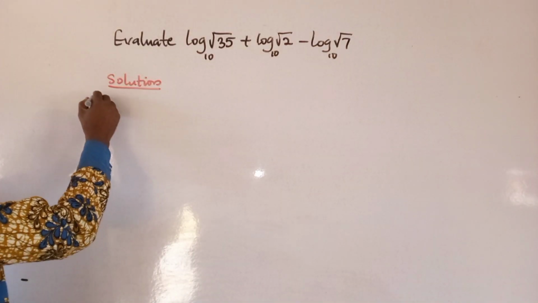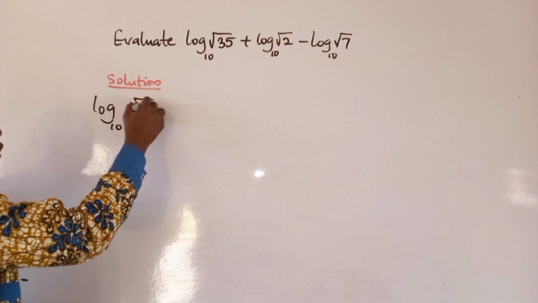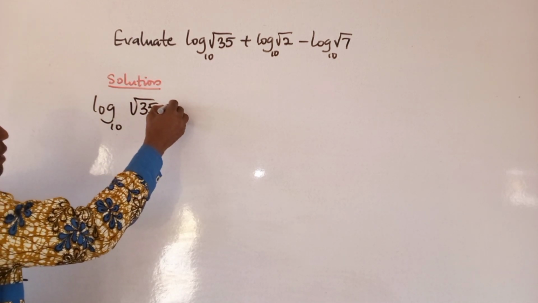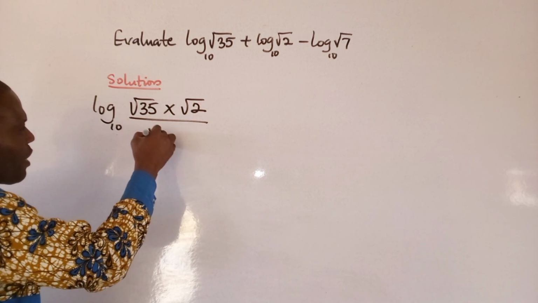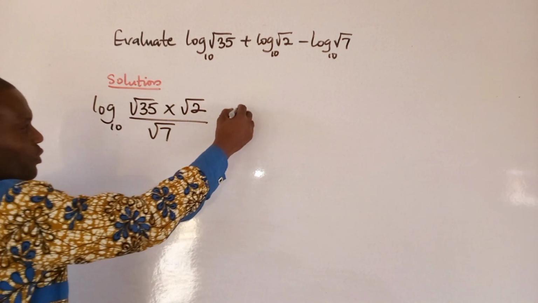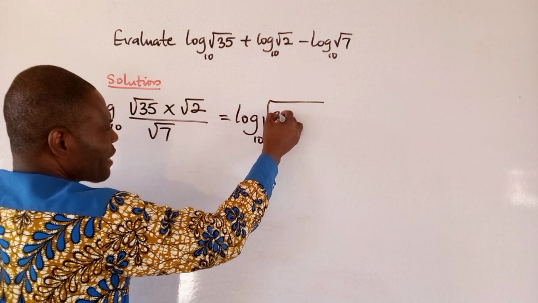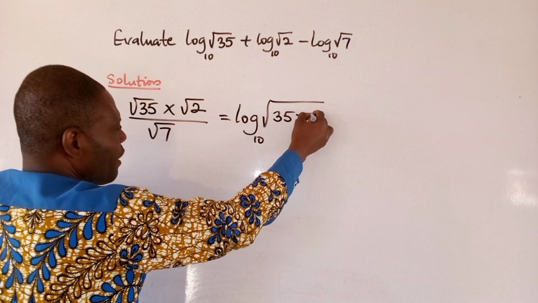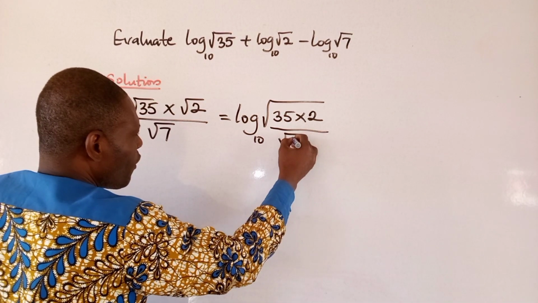So here the interpretation of this is log base 10 of square root of 35 times square root of 2 divided by the square root of 7, and this is equivalent to log base 10 of square root of 35 times 2 divided by the square root of 7.